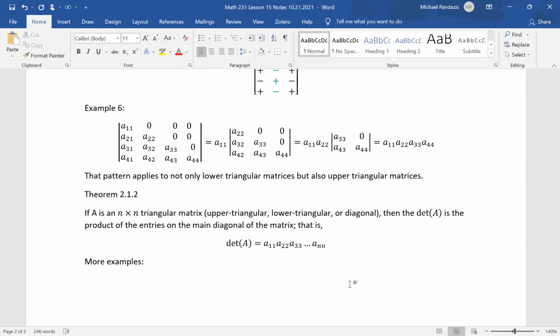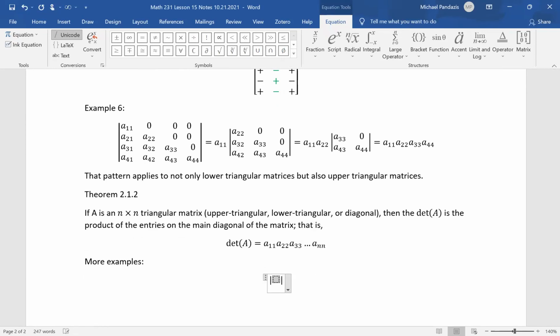So if you had the determinant of a matrix 1, 0, 0, -2, 7, 0, 437, 1, 10,032, 5, and you want to find the determinant of this matrix, because it's a lower triangular matrix, its determinant is equal to the product of its entries on the main diagonal.